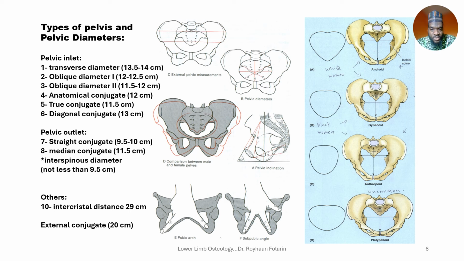It extends from the lower lumbar spine down to the upper pubic symphysis. That is what is referred to as the external conjugate. All of these diameters and measurements are very essential for obstetric assessment, and it's the way to ensure proper evaluation of pelvic adequacy for delivery.